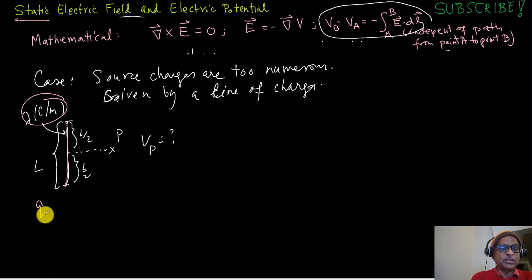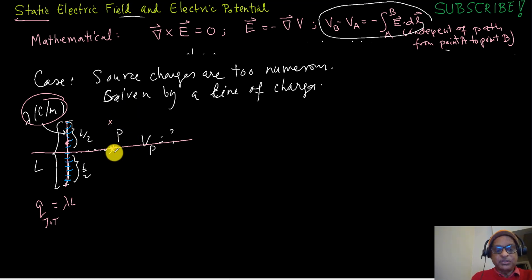So the total Q is lambda times L. So how would you get this? Well, it's the same technique you're learning throughout: divide this into little tiny pieces and look at one of those representative pieces. Say this is a symmetric line. You can have a point P over here, but that's going to be a harder calculation.